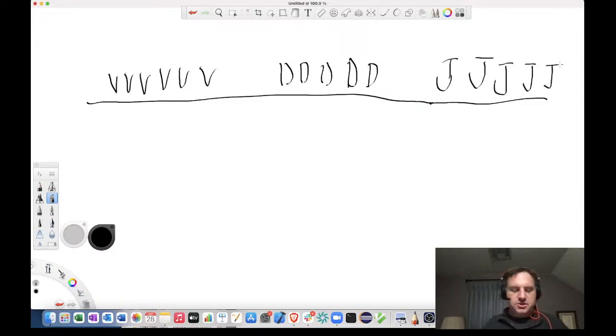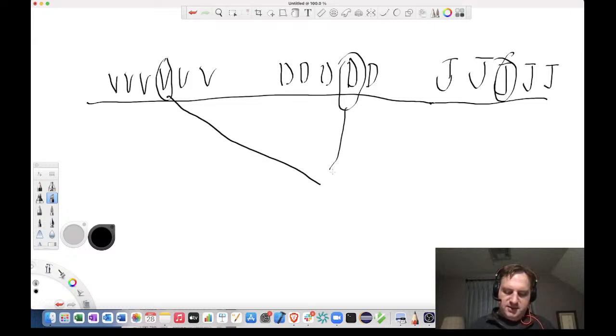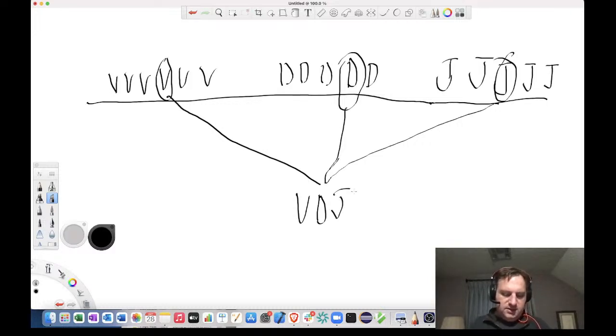When a B cell is maturing, it basically picks one of these from each bucket and combines them together to have a VDJ. The technical names: this is variable, this is diversity, and this is joining.